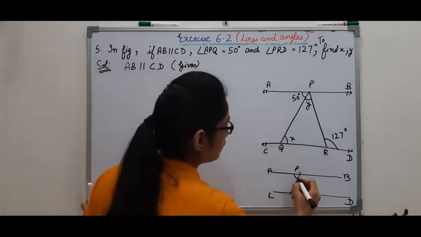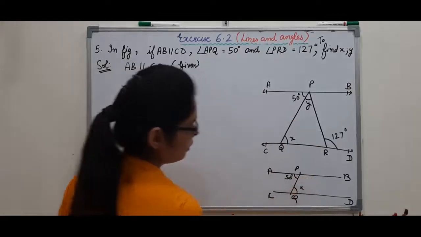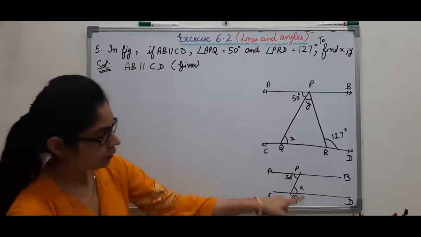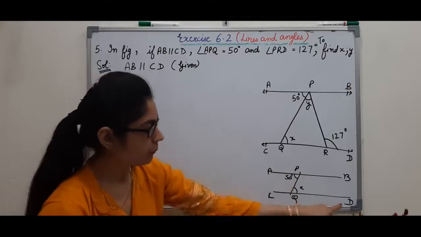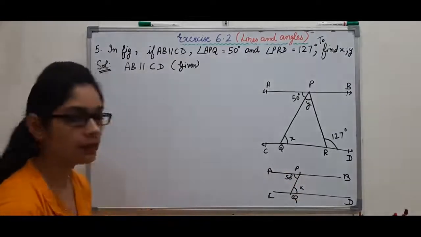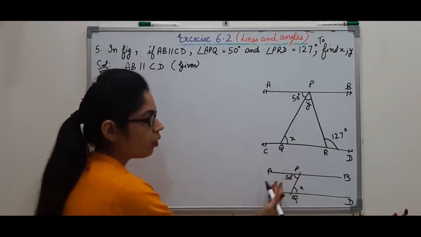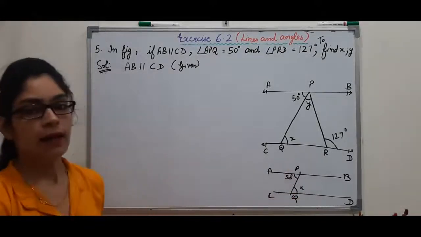Now this angle is given to us, 50 degrees, and this angle is X. So if we see these two angles, APQ and PQD, which is equal to X, they are forming a pair of alternate interior angles. They are on the inner side of the parallel lines and on opposite sides of the transversal.